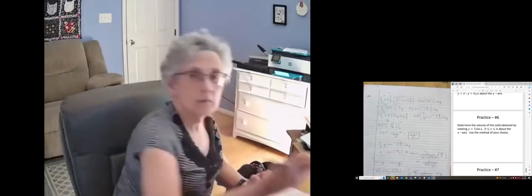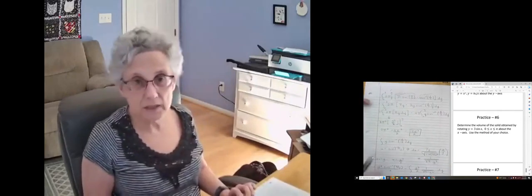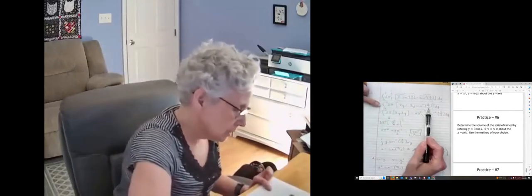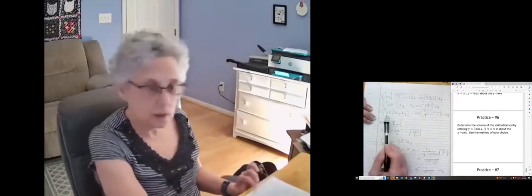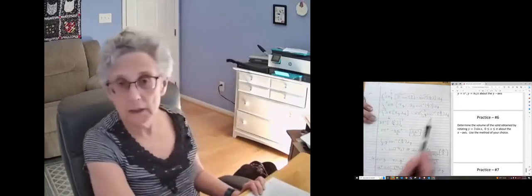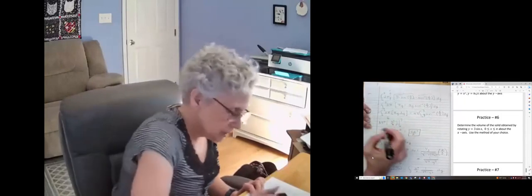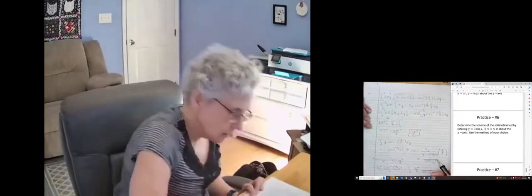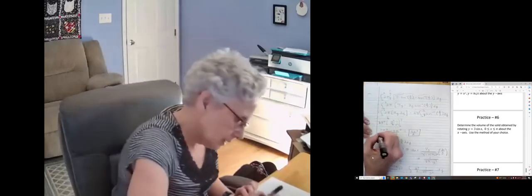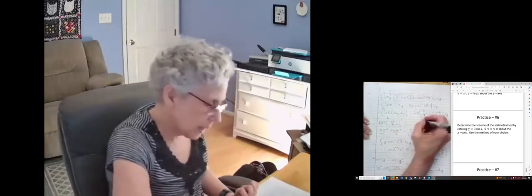And this is my height because it's the left-hand side minus the right-hand side of that sine curve. So then I simplified it a bit. I divided it into two pieces. This first little piece here was easy, and it gave me 9 pi halves.